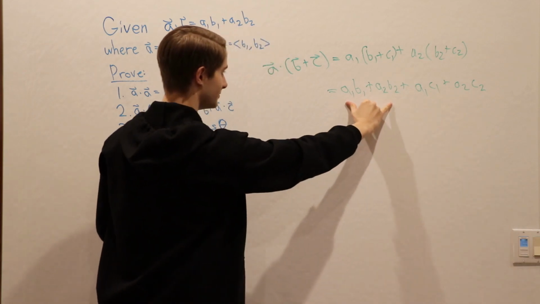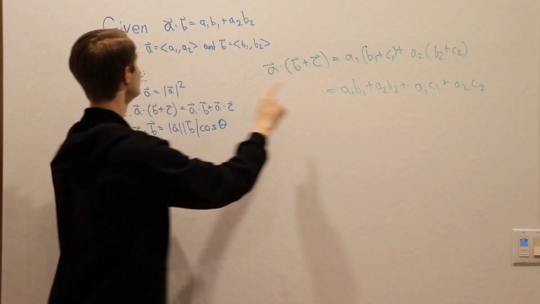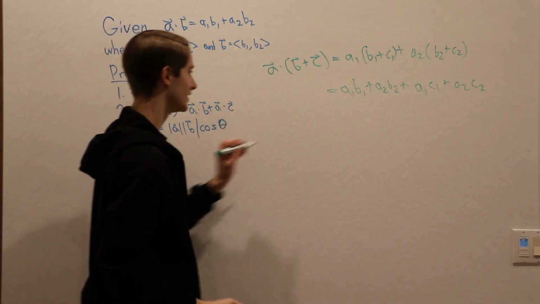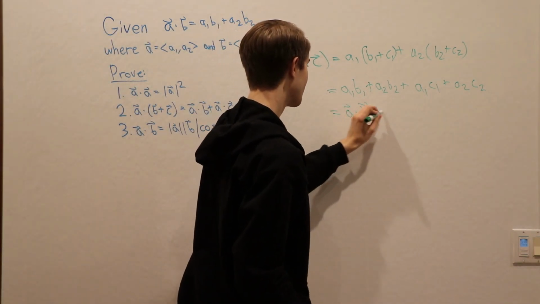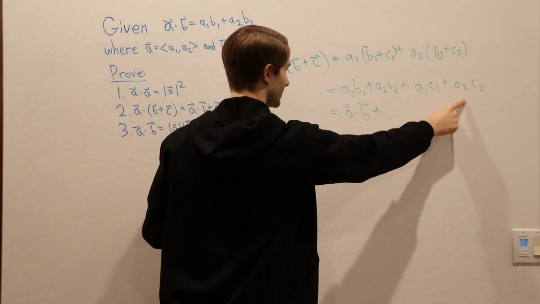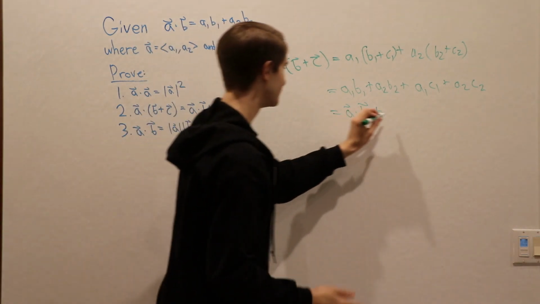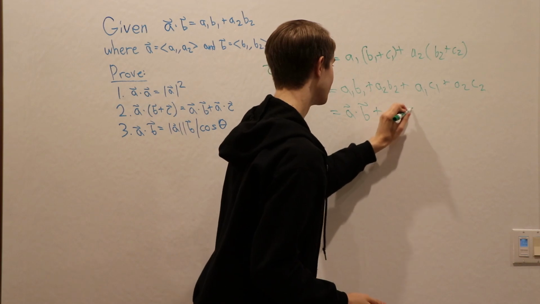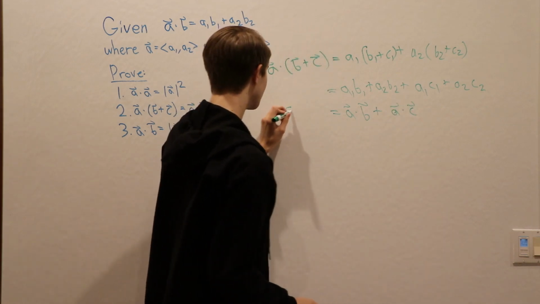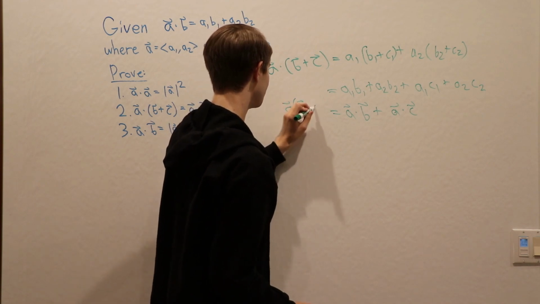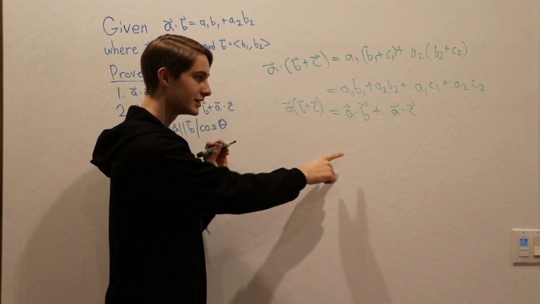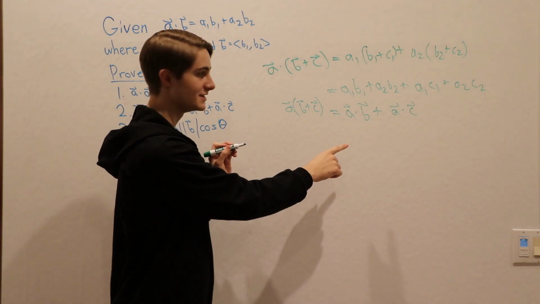So these first 2 terms, A1, B1 plus A2, B2, that's just going to be A dot B. So we have A dot B, and then plus A1, C1 plus A2, C2. That's going to be the same, but it's going to be A dot C. And now we've proved our second property, A dot (B plus C) equals A dot B plus A dot C.